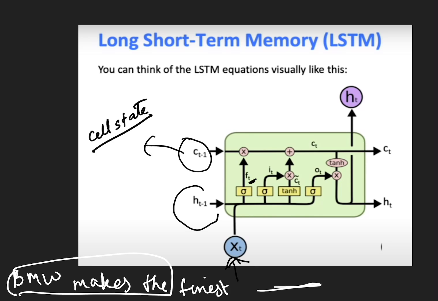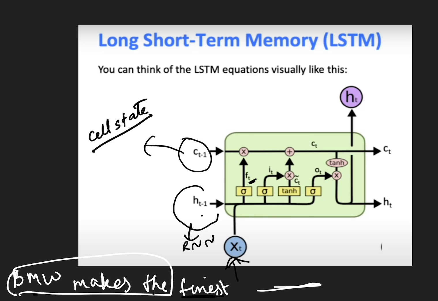BMW makes the, this piece of information, is stored in ht-1. Finest is actually stored in xt. ht-1, BMW makes, this information was stored in ht-1 in an RNN.